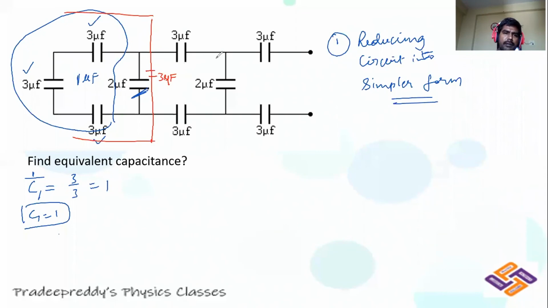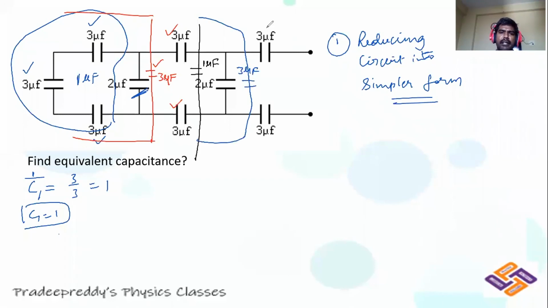Now coming to next, 3 microfarad, 3 microfarad, 3 microfarad. They are connected in series. Therefore, till here, effective capacitance we have got as 1 microfarad. Now 1 microfarad is connected with this 2 microfarad in parallel. So effective capacitance till here is 3 microfarad.